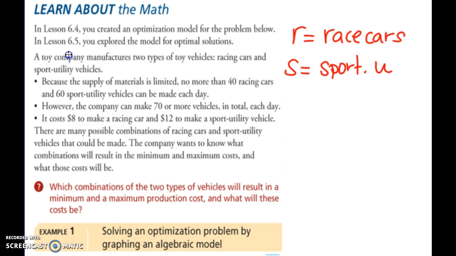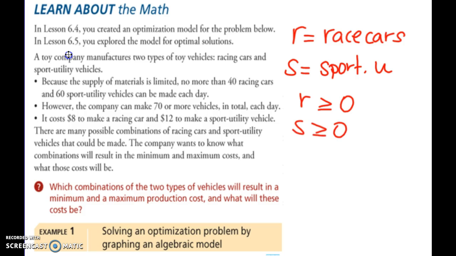We've outlined what we're talking about. Okay, it says, because of the supply of materials is limited, no more than 40 racing cars and 60 sport utility vehicles can be made each day. Okay, so we need to assume you have to make something in the day, so you can't make less than 0 race cars. Okay, so you can make 0 or more race cars, same with sport utilities.